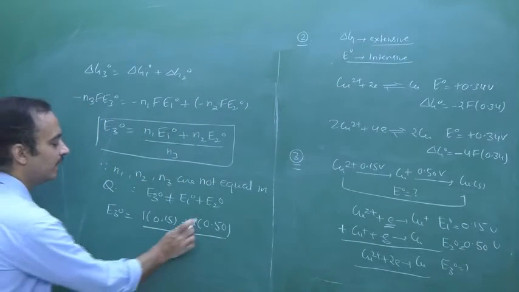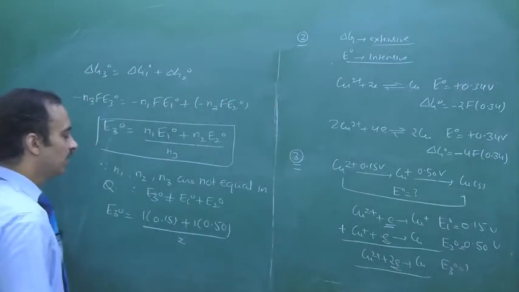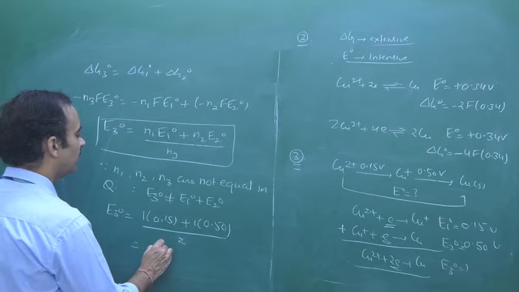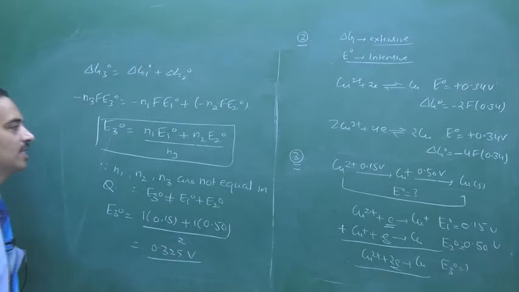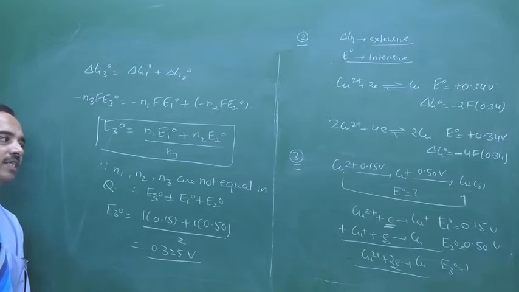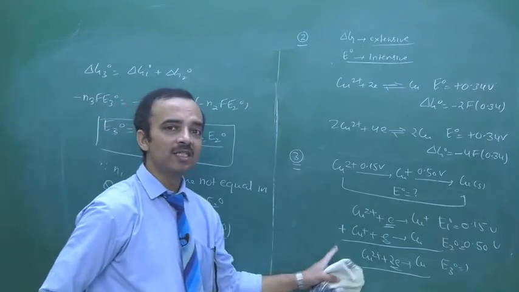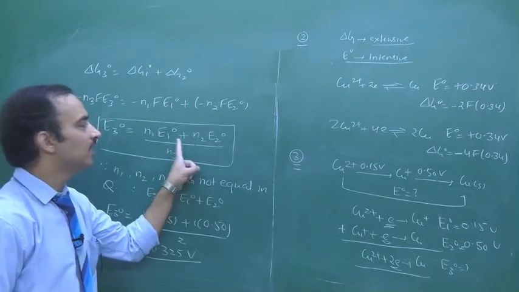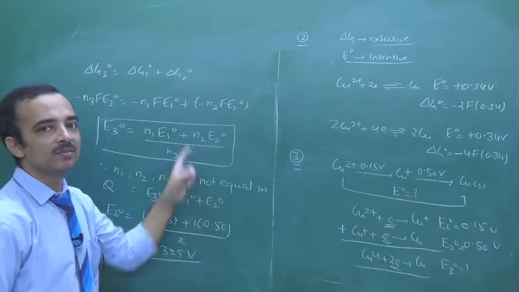What is n3? It is 2. n3 is 2. And this comes out to be 0.325. This is the answer. Is it clear? Beta, if we have subtracted these two reactions, then here we have minus in the formula. On adding plus, on subtracting minus.